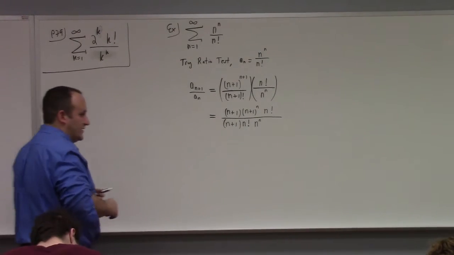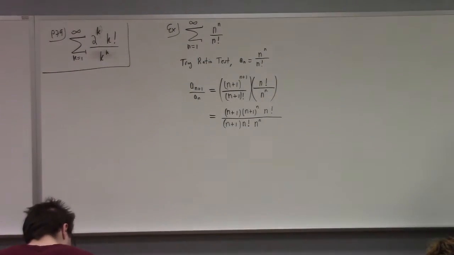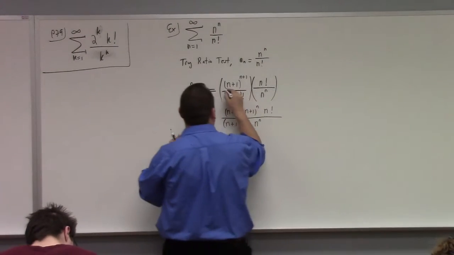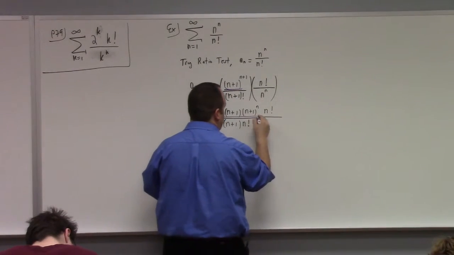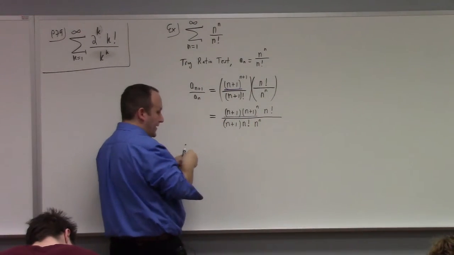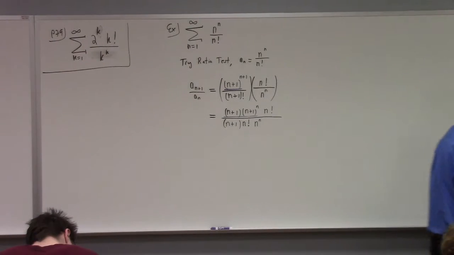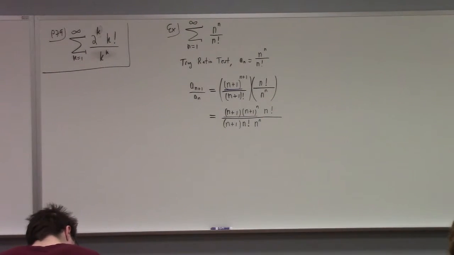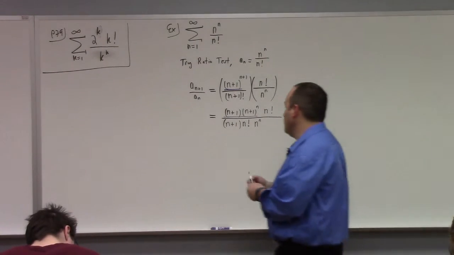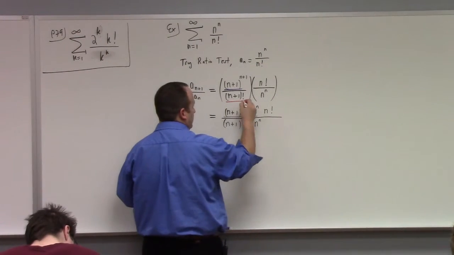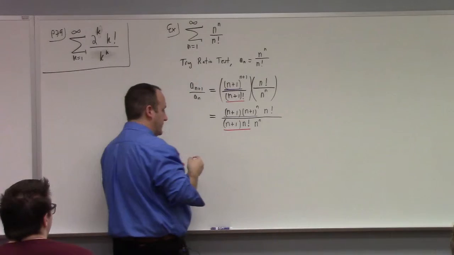So let me use some color coding to try to explain to you what it is I just did here. So like this one, I've expanded like that, right? And remember, n factorial was defined what? Recursively. So this is the recursive definition of n factorial.